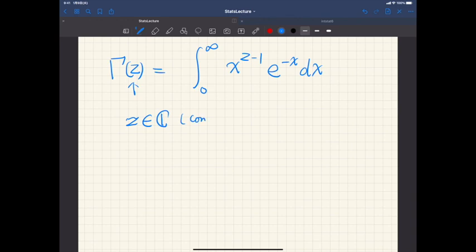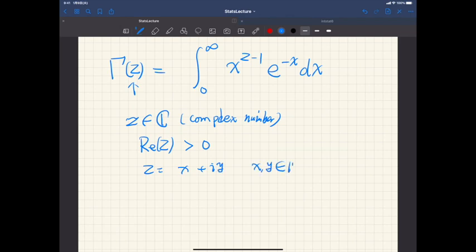But not any complex number, but its real part. So the real part of this z must be greater than 0. Any complex number can be written like x plus iy, where both x and y are real.